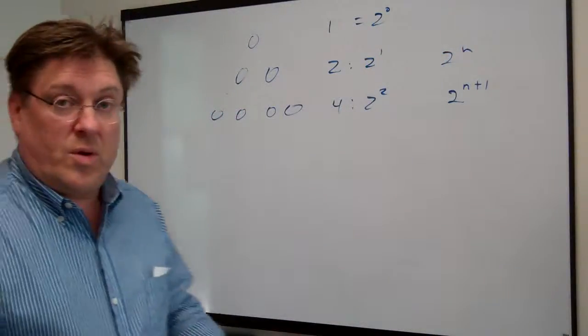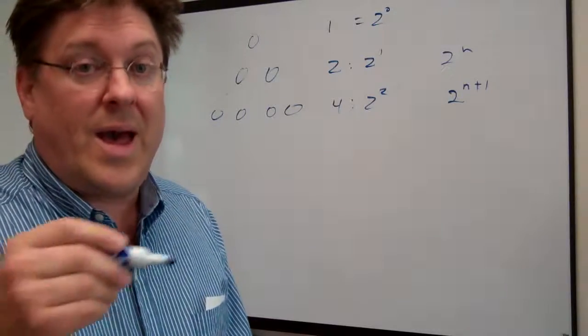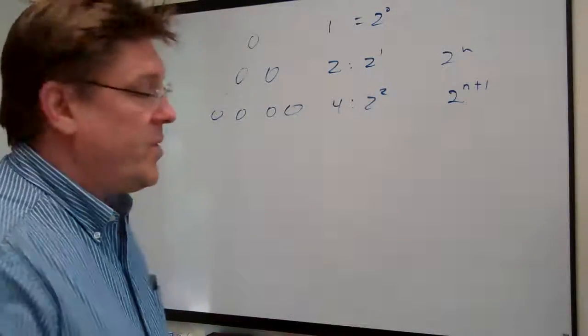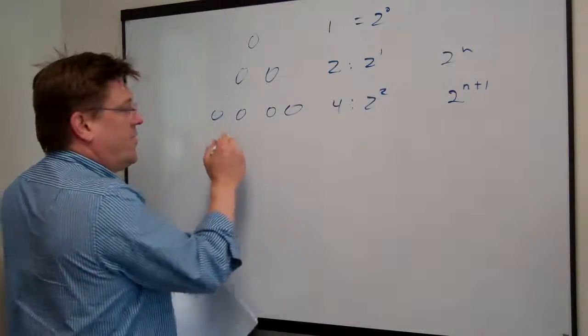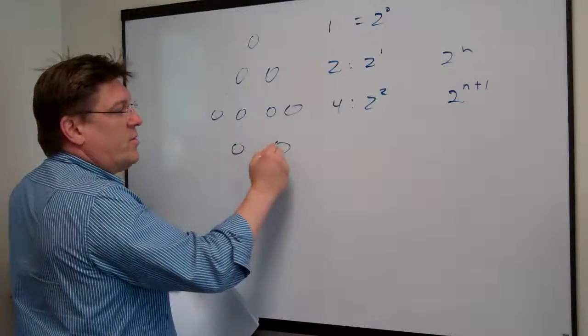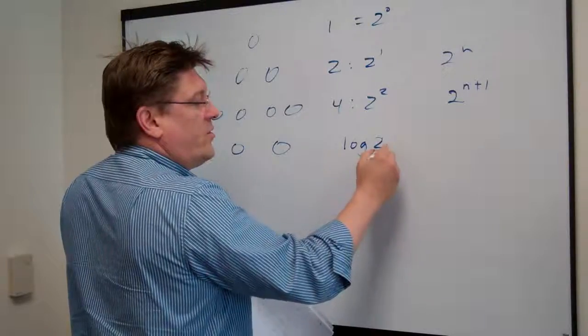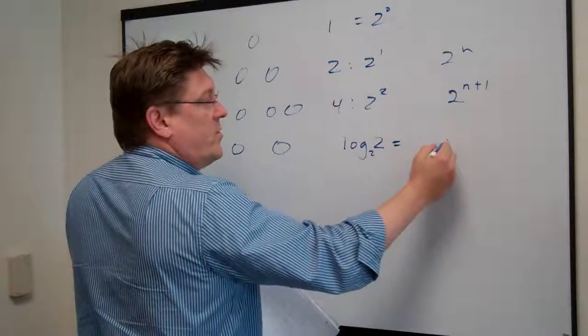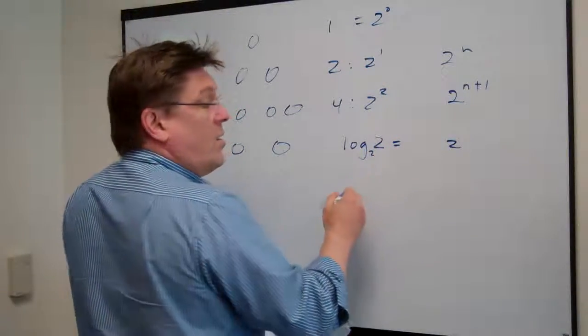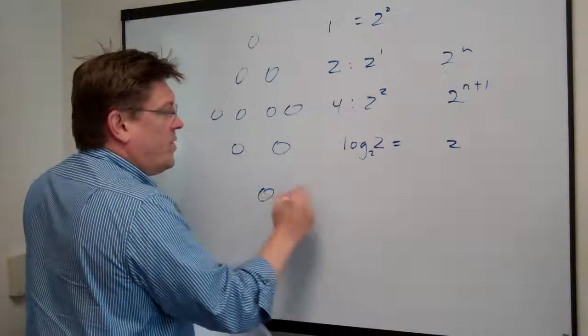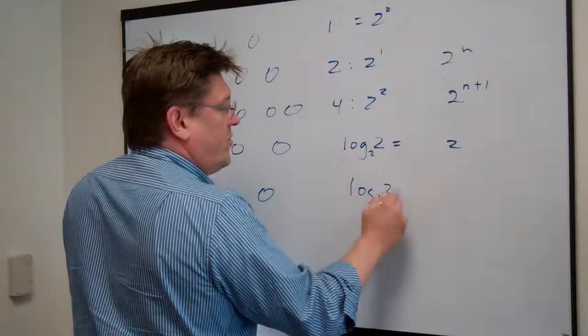Well, the same thing works when you are halving it, taking half of something. So basically, you have 4 numbers here. You drop down to 2. That's going to be log base 2 of 4, which equals 2. And this one is log base 2 of 2, which equals 1.